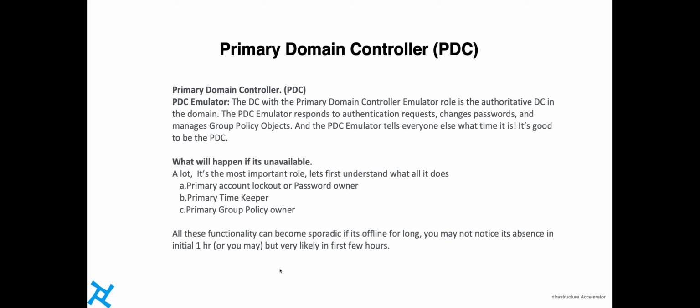So what's going to happen? Suddenly, the Brazil person who is going to use the password will go to his local DC and provide it the new password or the old password. But in whatever case, the Brazil DC is not yet aware. So ultimately, if there are 10, 15 domain controllers in your domain, there has to be one guy who is considered the ultimate authority for the password.